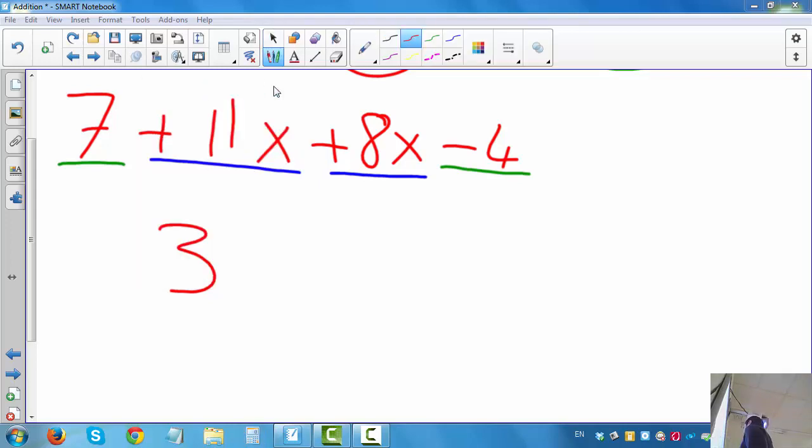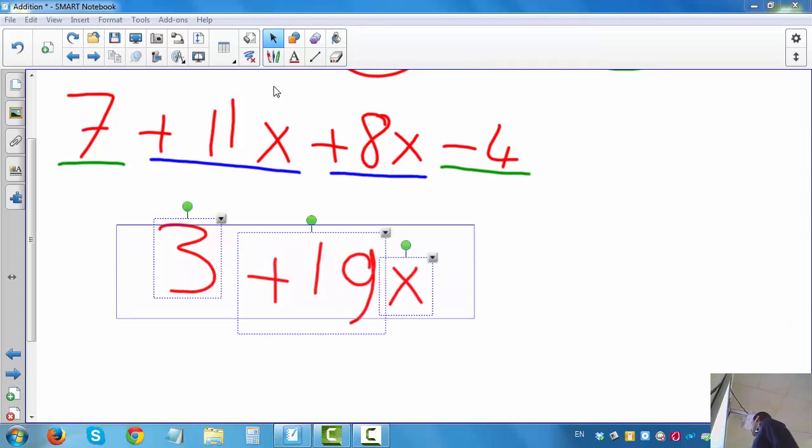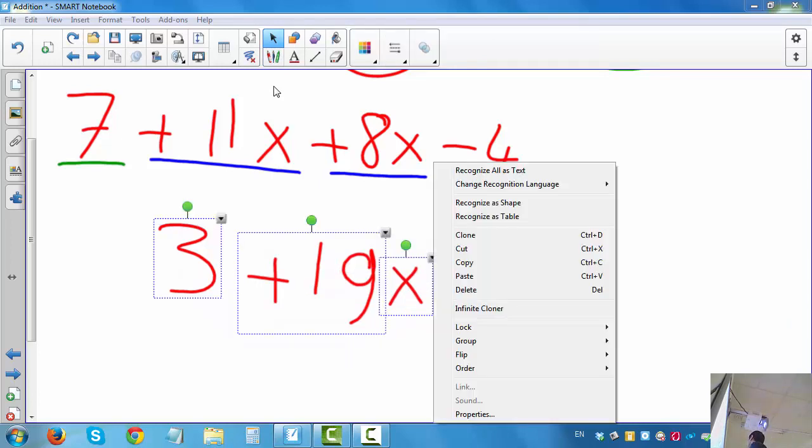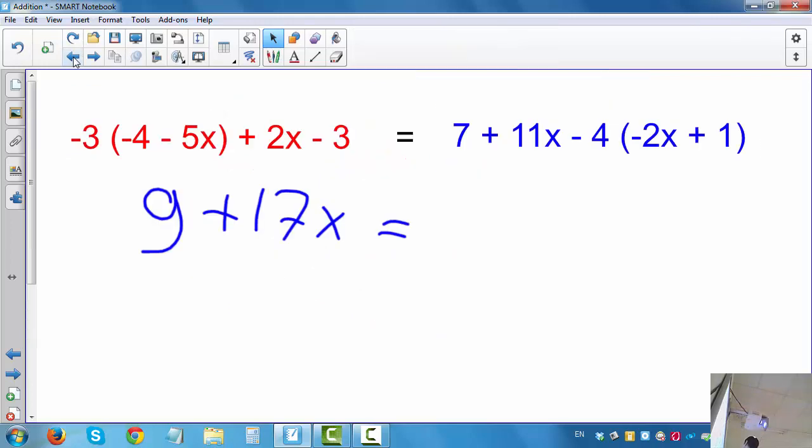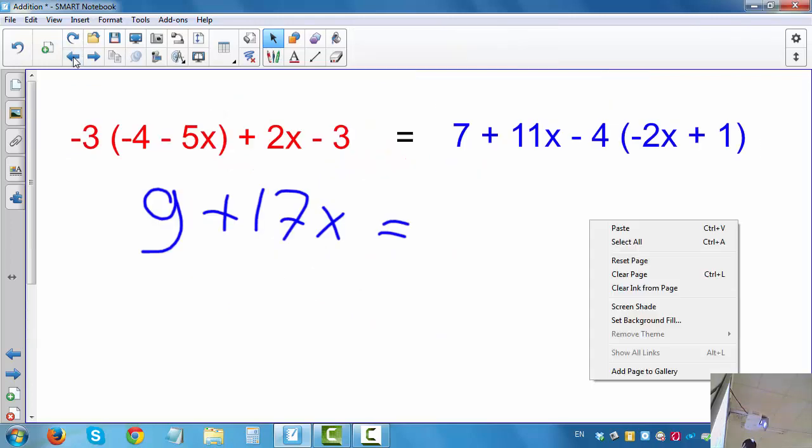I write down plus 19. And I'm going to, excuse me, yes, I did forget the letter. And now I'm going to copy this and go back to the complicated question.